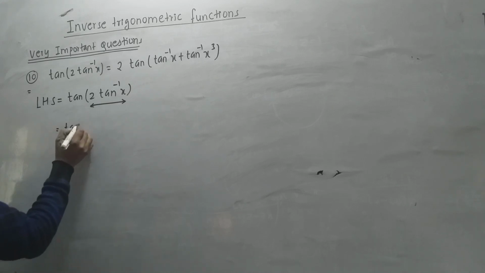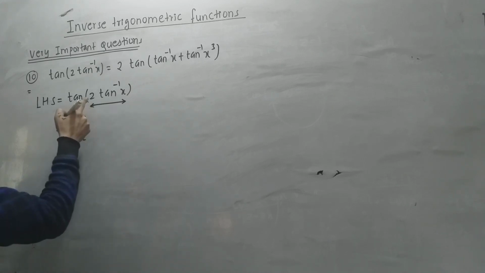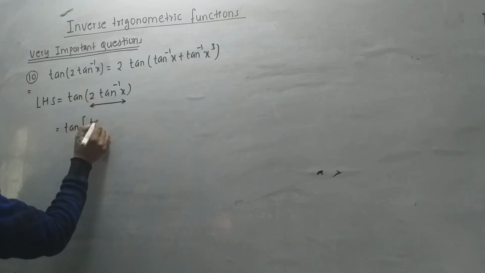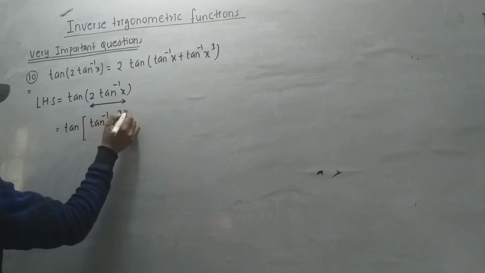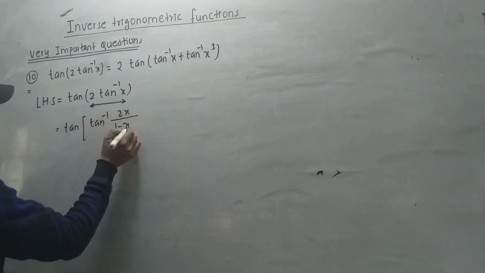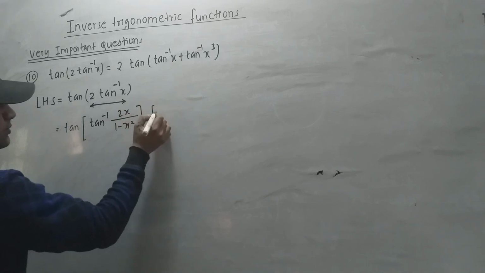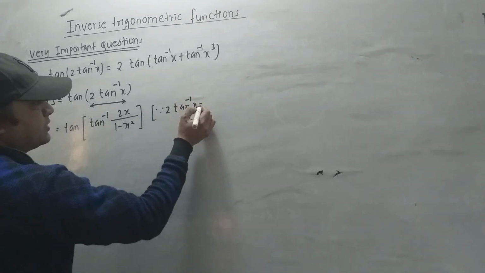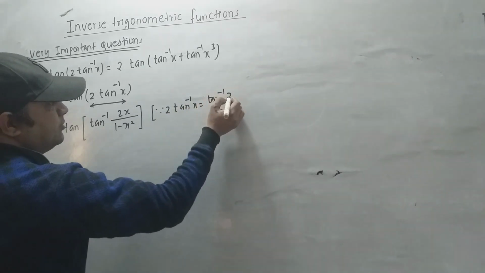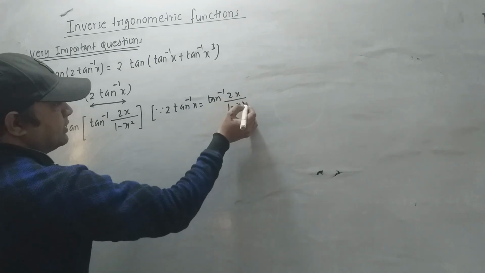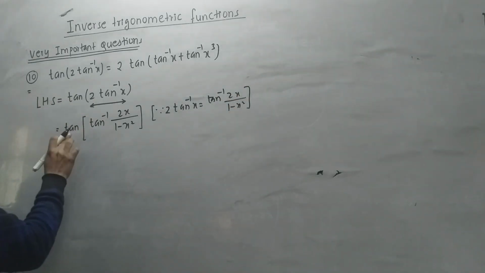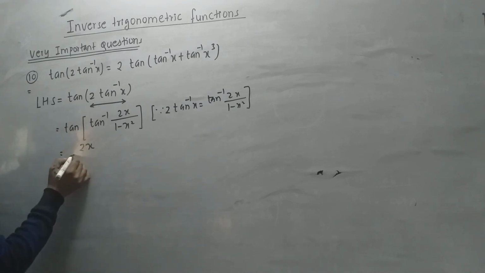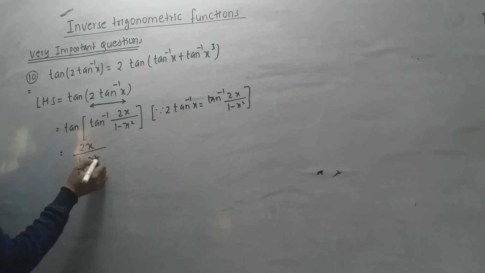So write here tan, and including these, we have the formula for 2 tan inverse x: tan inverse 2x divided by 1 minus x square. In the side you can write the reason, since 2 tan inverse x is tan inverse 2x by 1 minus x square. Now this tan and tan inverse cancel the effect of one another. So you are getting 2x divided by 1 minus x square.